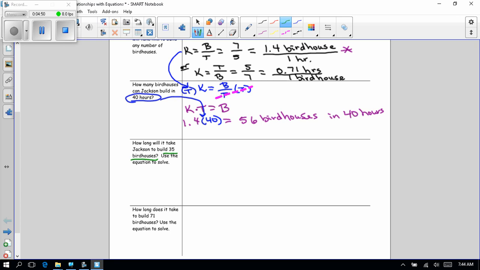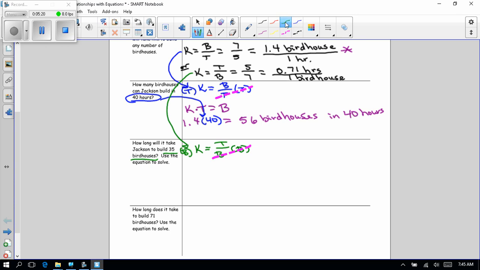So this time, I'm going to take the other equation and work with that one. This time, I'm going to take the time divided by birdhouses, and multiply both sides by the number of birdhouses. When I do that, over here these two will cancel each other out because it's birdhouses divided by birdhouses, that same number over itself.